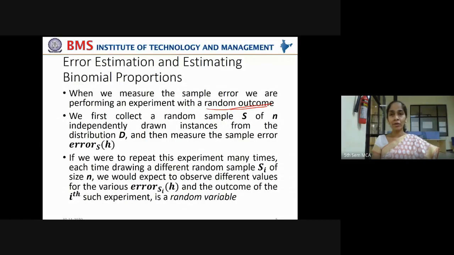Now, when I toss a coin, you're not sure whether it would land on a head or a tail, right? In that case, we call it a random variable because the outcome is random. We can't estimate the outcome with a certain amount of confidence, right? In that case, we call it a random variable.